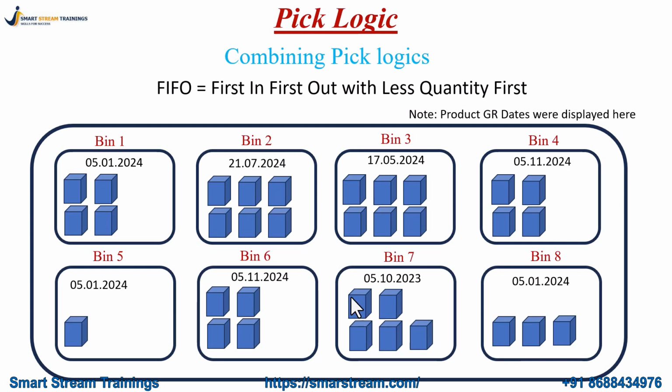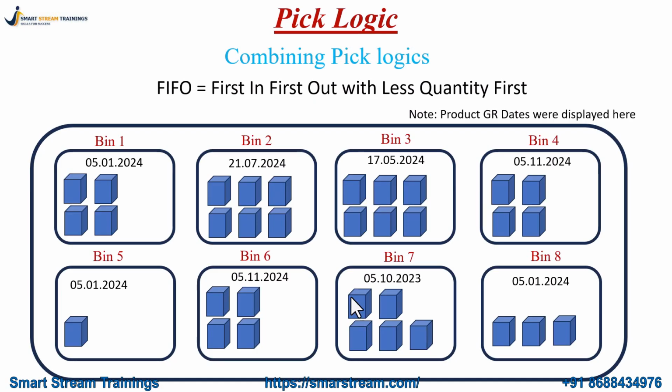That's my requirement. I want to make that bin empty so that I can accommodate other products into that bin. That's the logic here. So let us see how this logic works: first in, first out with less quantity first. So we can combine logics together that we can configure in SAP EWM.